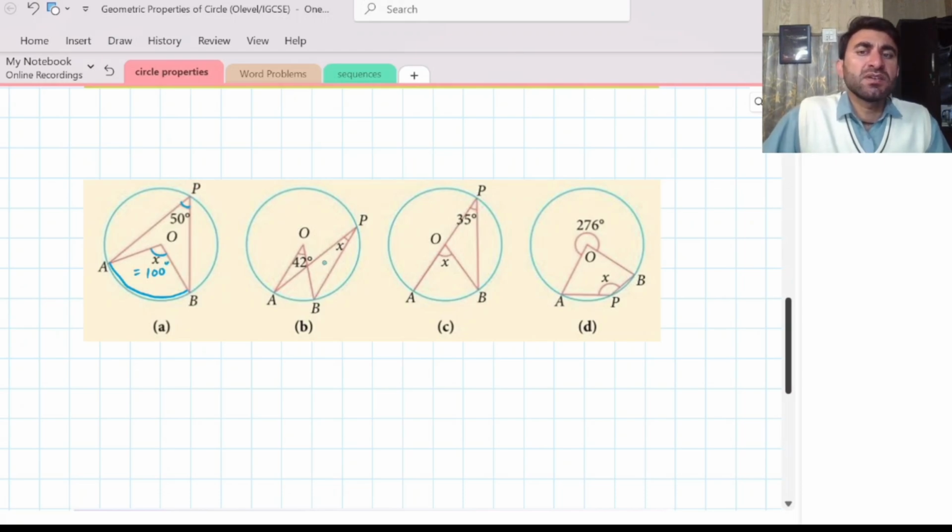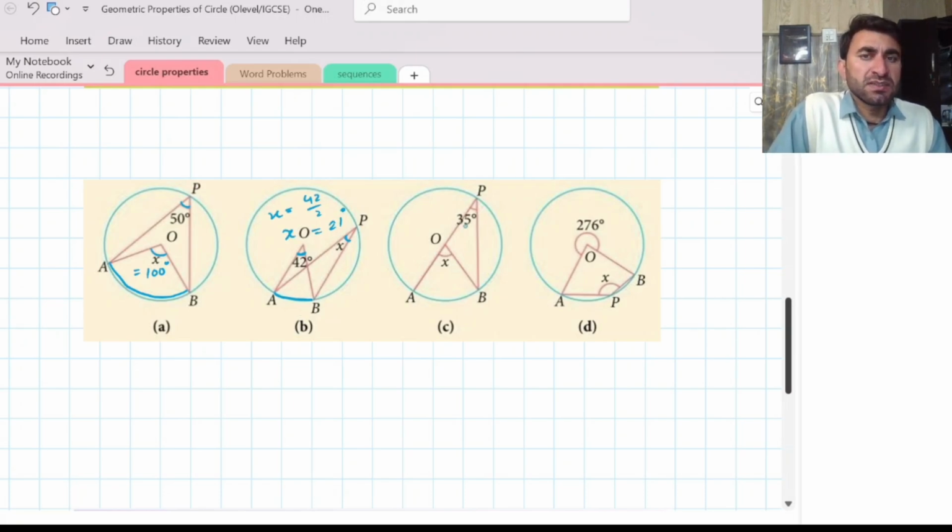Now in the second one, we can see the angle at the center is given 42 degrees, and it is subtended by some arc AB over here, and the same arc is subtending angle at the circumference at point P, and that is x. We know angle at the circumference is basically half the angle at the center. So x is equal to 42 divided by 2, that is 21 degrees. So that is the value of x for the second diagram.